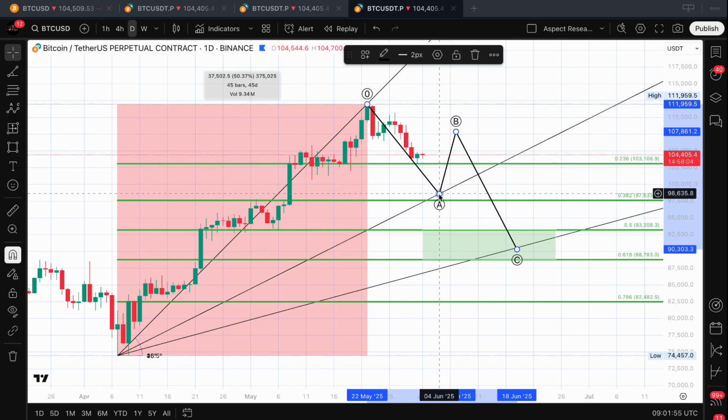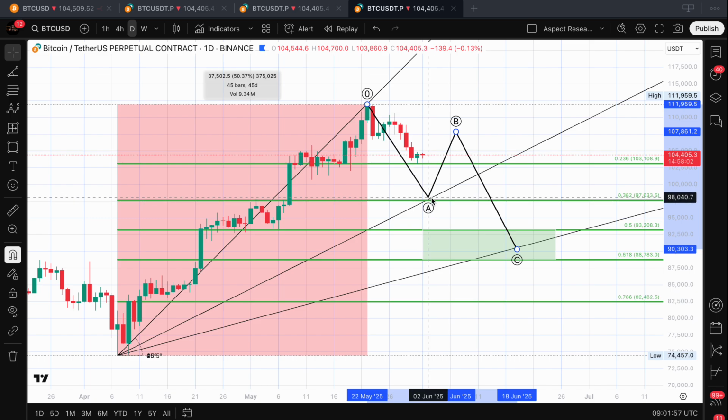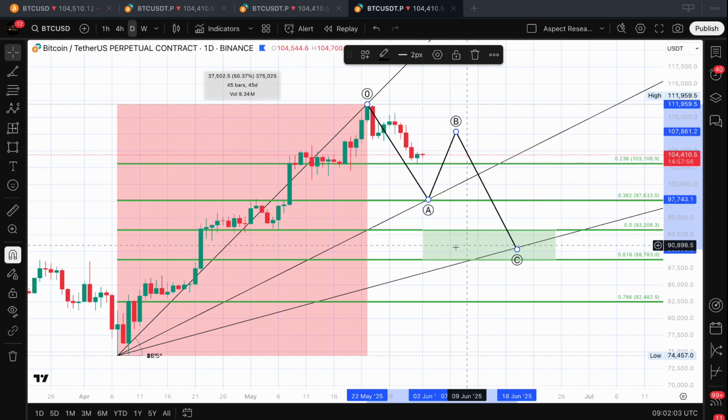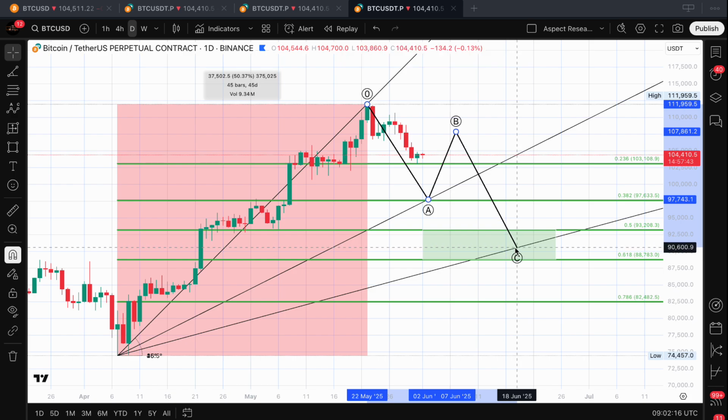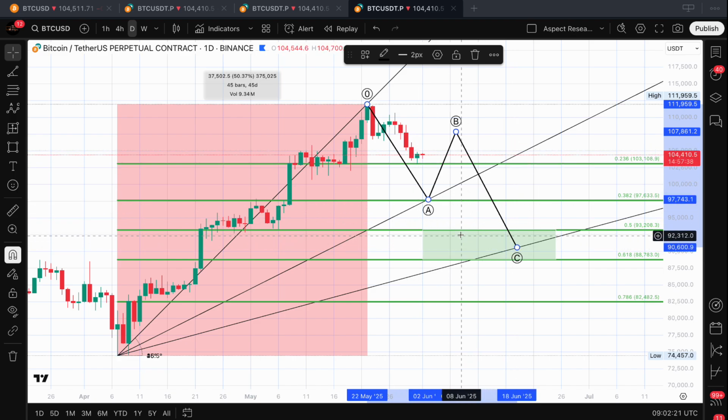So we are still far away from an entry or an exit, a short exit, but these angles provide the swing trader or the position trader with high probability setups, because let's say that by June 18th or June 17th, the price will reach a value of 90K, which is at the wave 2 support area and touches the 15-degree angle. This is a no-brainer for me. This is where I go long.